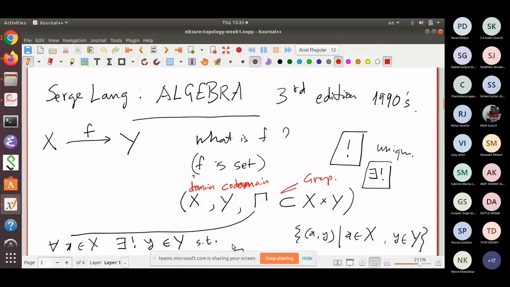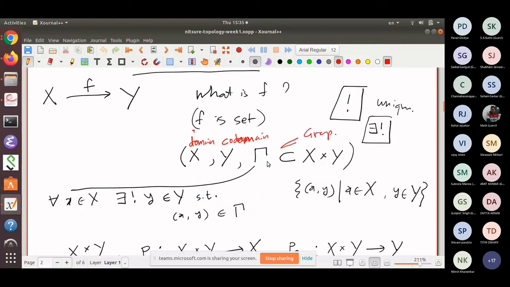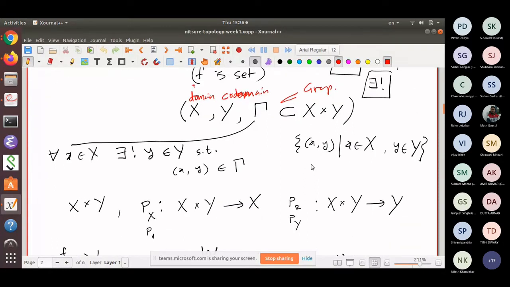One is a domain, one is a codomain, and one is information about what is being sent to what. That is represented by the graph, which is a subset of X cross Y. So therefore, a function for us is a triple: X, Y, and the graph. And the graph is a subset such that for every small x which is a member of X, there exists a unique small y in Y such that this (x, y) is in the graph.